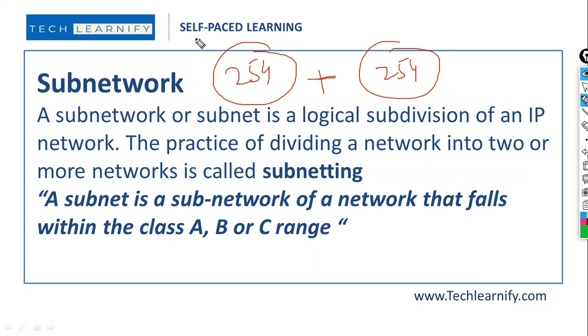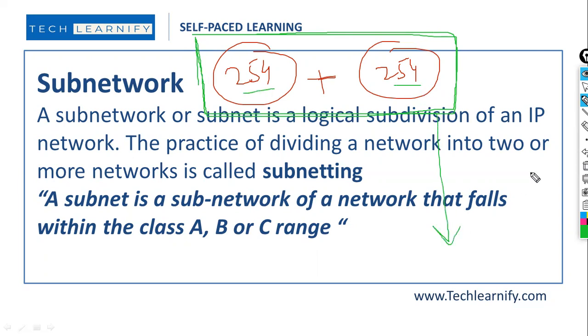I'll take one or two examples to explain this. But that is also possible. We can aggregate, summarize multiple networks into a very big network, and that big network is known as a supernet.